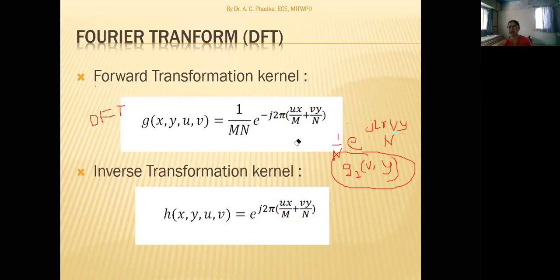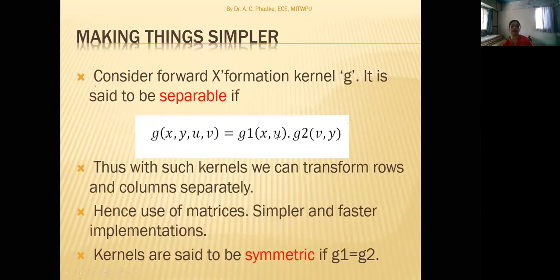And this is a very important property for two-dimensional transforms. Why is it important? Because of this separability and symmetry, we can easily compute this transform by applying one-dimensional transform twice.